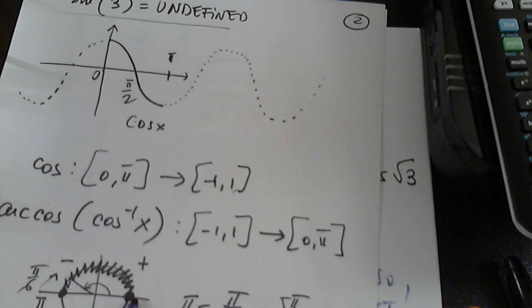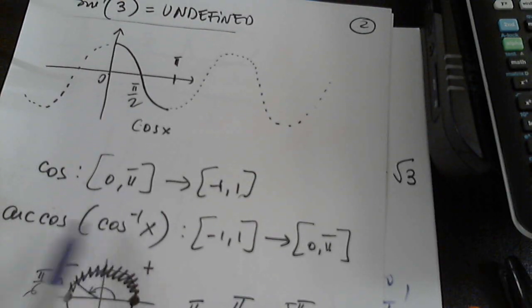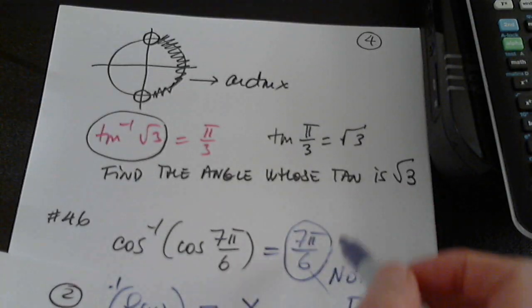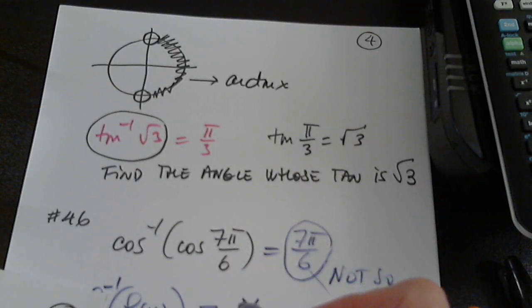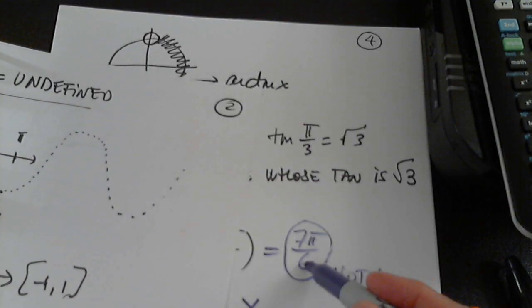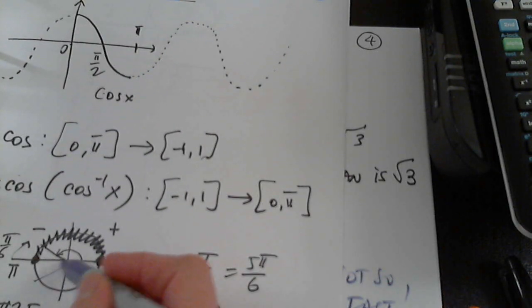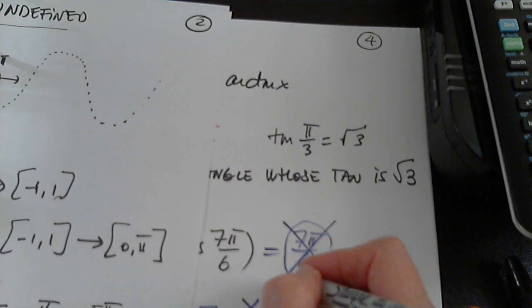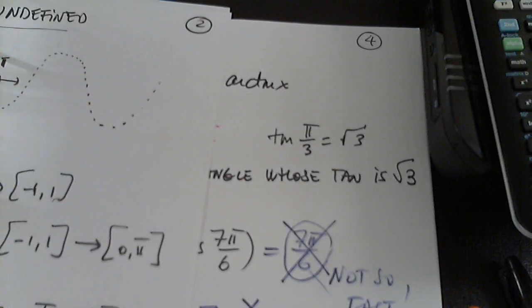If 7 pi over 6 for cosine and arc cosine is not between 0 and pi, this is incorrect. And 7 times 30 degrees is 210, which will be here. So this is incorrect in this particular situation.